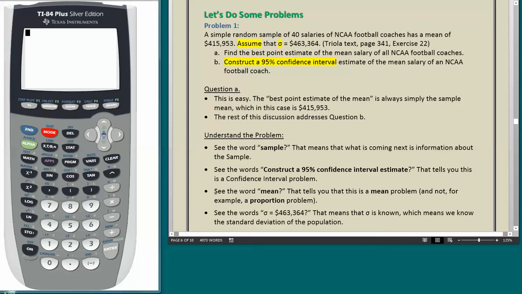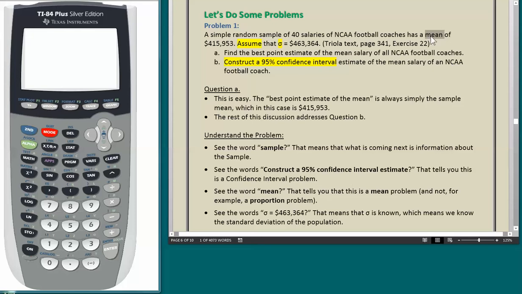Let's look at the third bullet down here. See the word mean. Where is the word mean? It's right there. It's also here. So you see that word mean a couple of times. That tells you that this is a mean problem and not, for example, a proportion problem, because you have confidence interval problems that are for proportions, you have confidence interval problems that are for means, and you've got to know which one you're looking at.